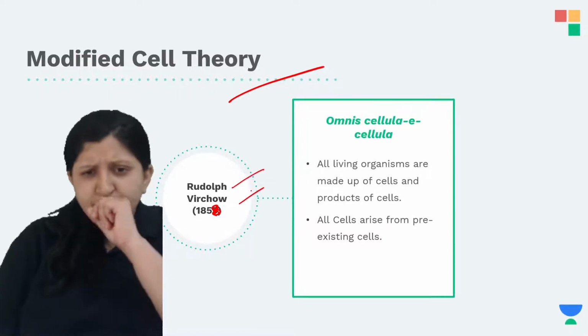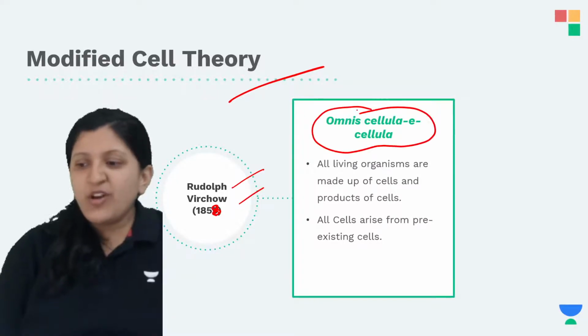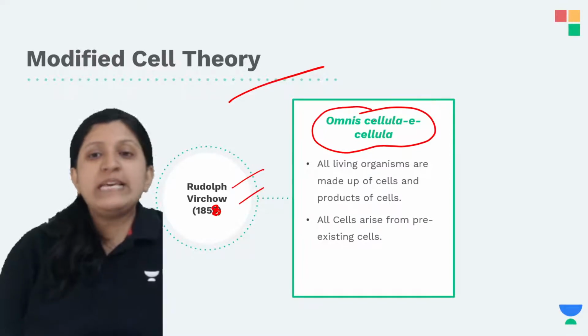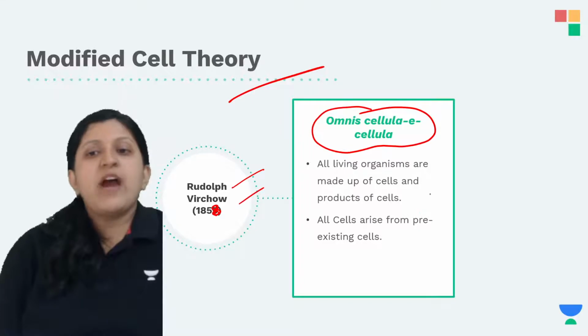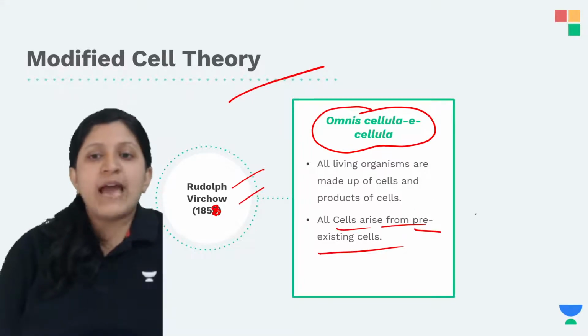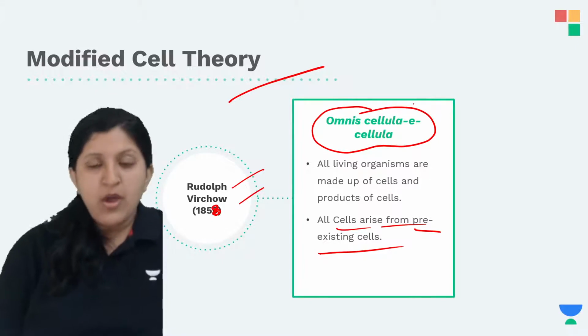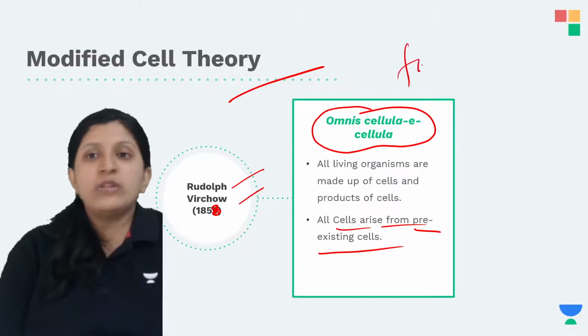Rudolf Virchow said omnis cellula e cellula. What is the meaning of that? All these cells which are arising are actually arising from the pre-existing cell. So all cells arise from pre-existing cells, was said by Rudolf Virchow, where he spoke about the formation of new cells.